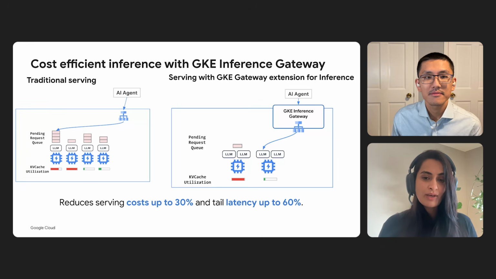This way, we actually improve the cost of serving by 30% and reduce the latency by up to 60%. This is the GKE level innovation for ensuring high quality inferencing with low latency. This is just another example of GKE building things specifically for AI workloads.